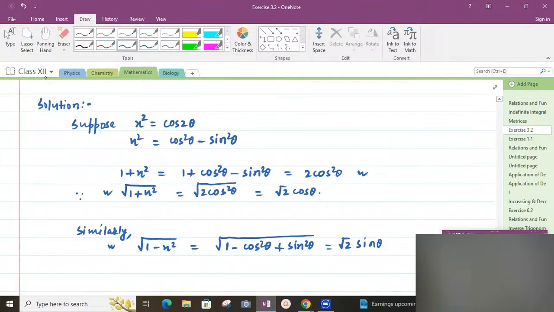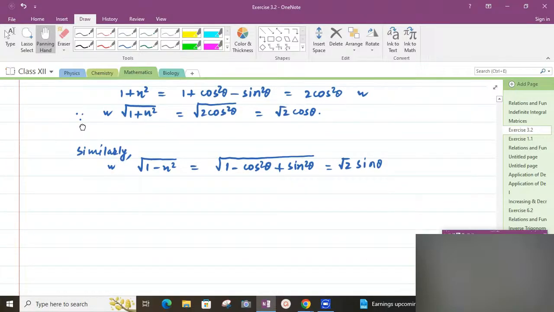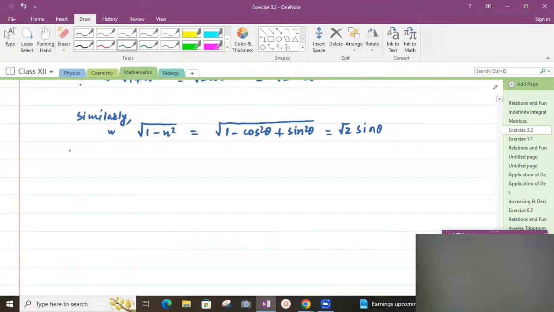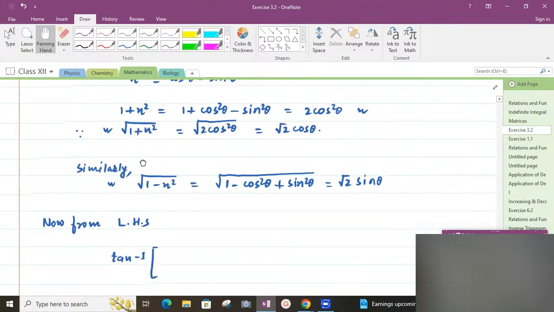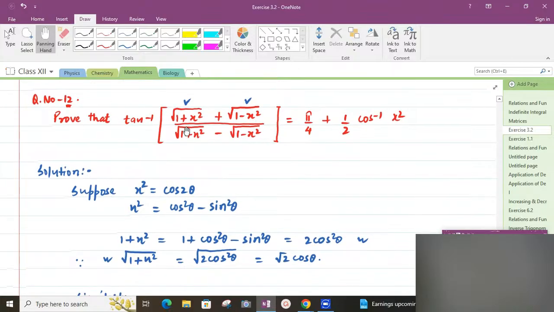Now putting this value, now from LHS, so here will be tan inverse, and let's see the value of 1 plus x square over root equal to root 2 cos theta.